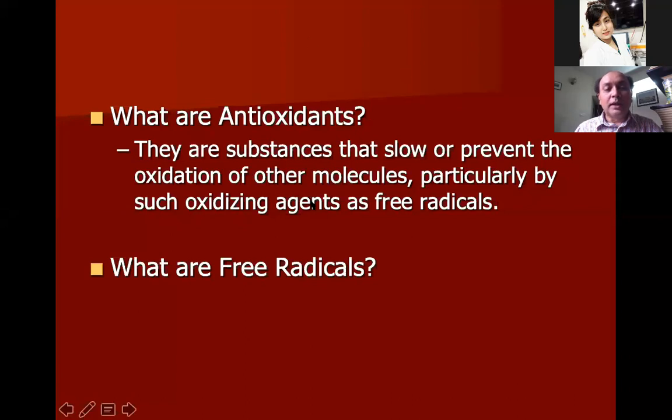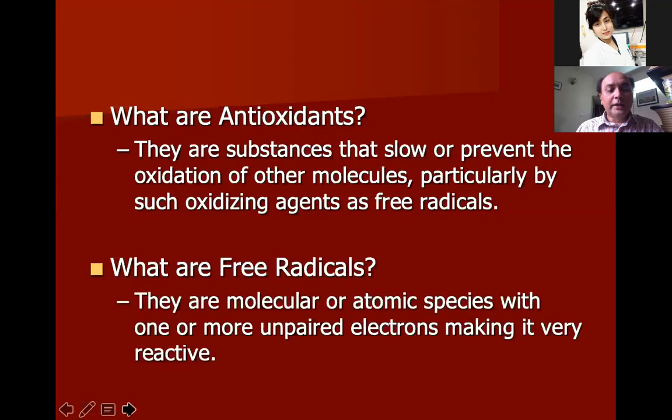But if the inherent detoxification mechanism fails, then it is problematic. In that case, dietary phytochemicals which contain antioxidant compounds are very good for neutralizing the free radicals that are toxic for your cell membrane. Free radicals are molecular or atomic species with one or more unpaired electrons, making them very reactive.